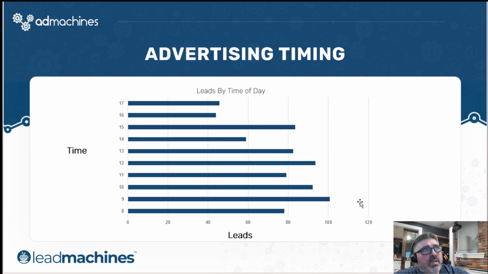If you were trying to conserve budget or make your budget more efficient, then what you would do is overlay your lead cost by time of day, and figure out, well, at 3 o'clock I get a lot of leads. I'm probably not spending as much as I am at 2 o'clock here, so I'm going to cut 2 o'clock out and spend more from 3 to 5 or 3 to 7 and whatnot.